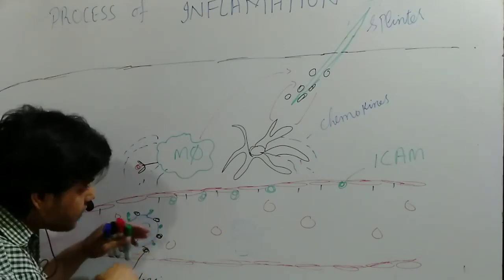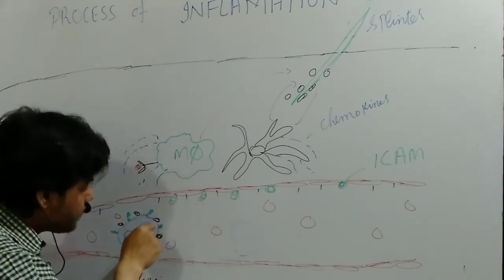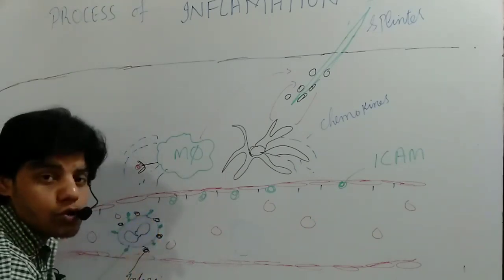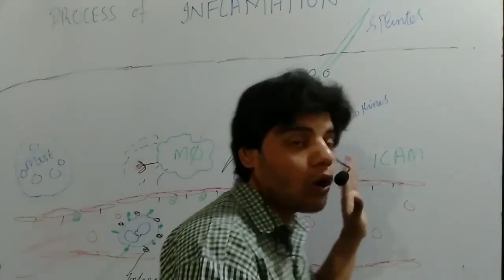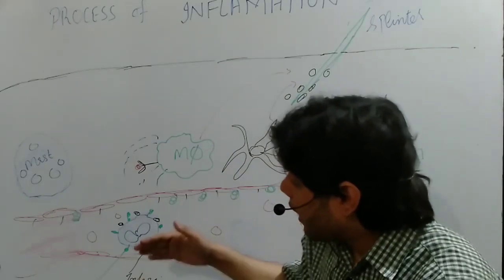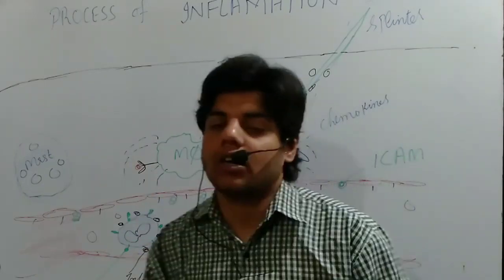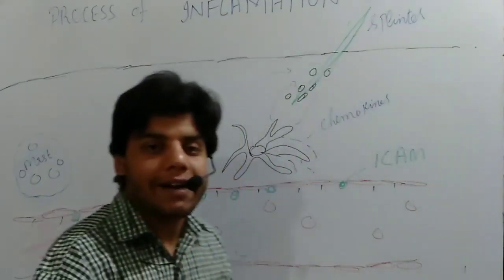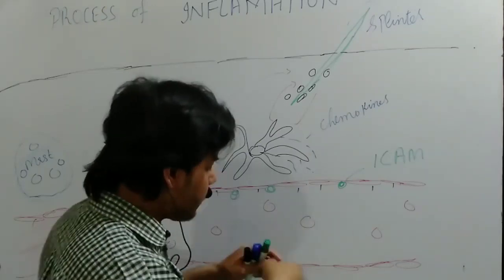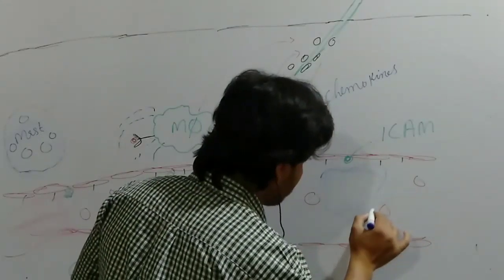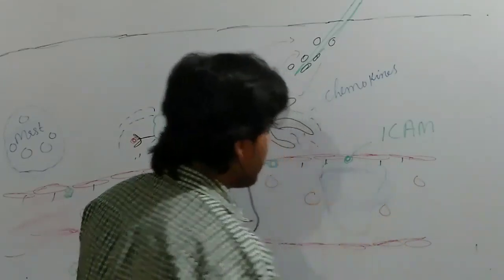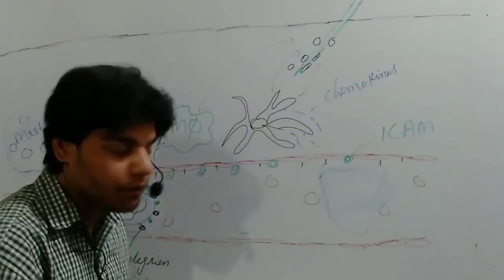Now once it is rolling, after some time the adhesion molecules of the neutrophil, which we call integrins, and the adhesion molecules of these endothelial cells both bind to each other, due to which a tight junction happens. So let's suppose this is again the neutrophil. The neutrophil is bound here.